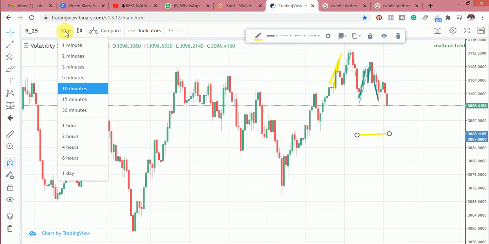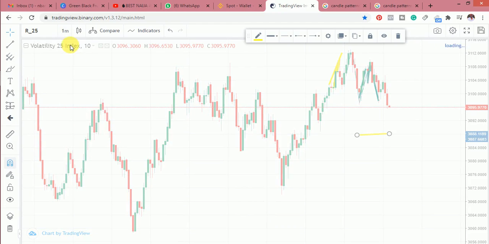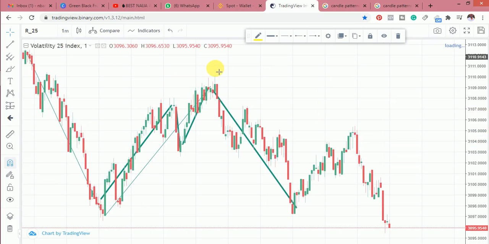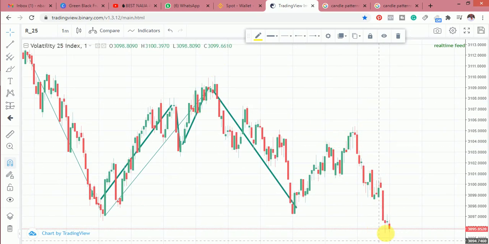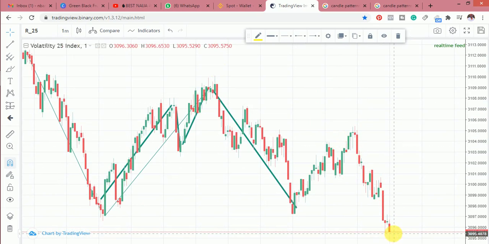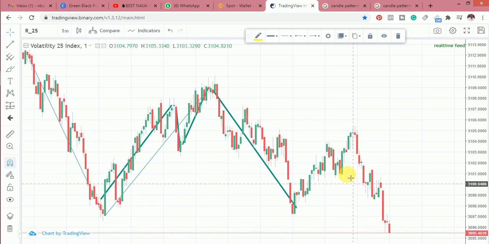Let's go back to 1 minute so that you understand what I'm talking about when I say that the market will still go down and go down for a very long time. If you are making your studies, you can see what I'm talking about. This is a decision candle. It will still go down and lower and lower. This is what I'm talking about.